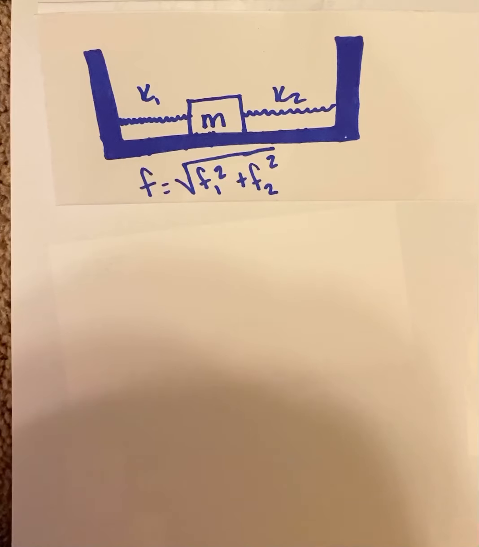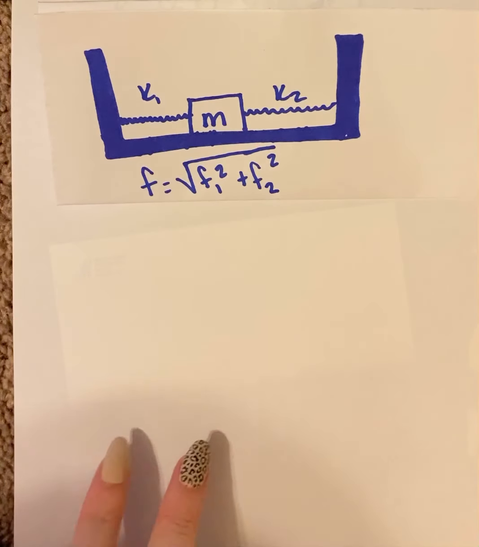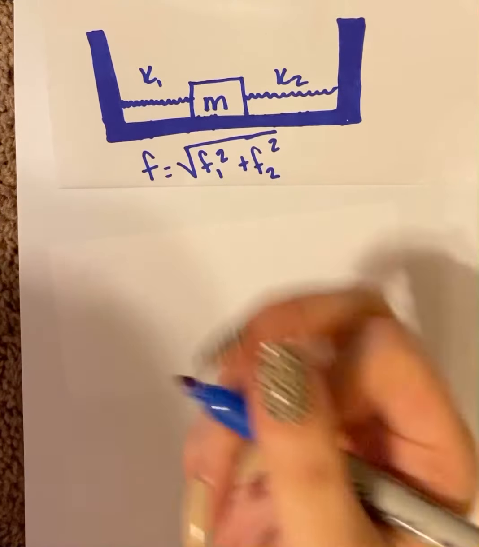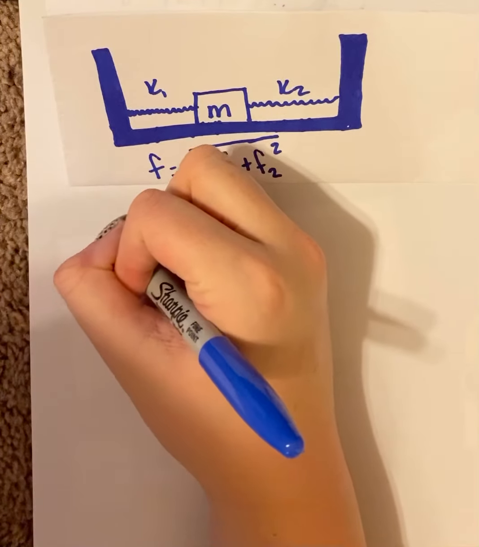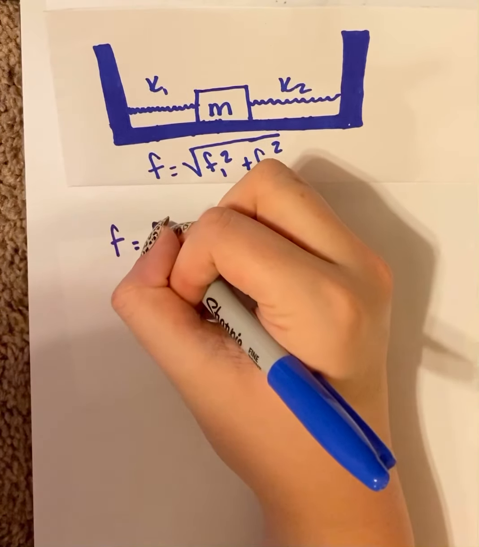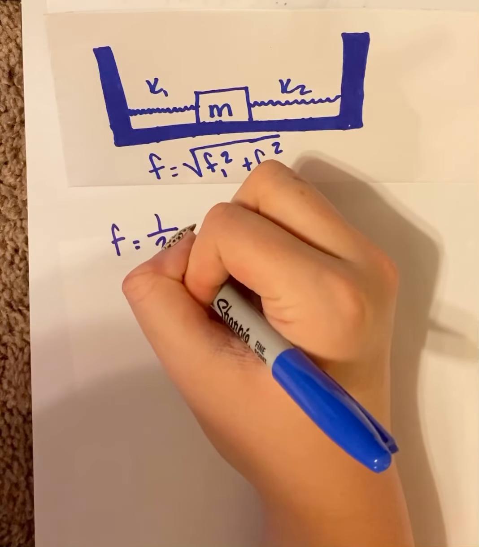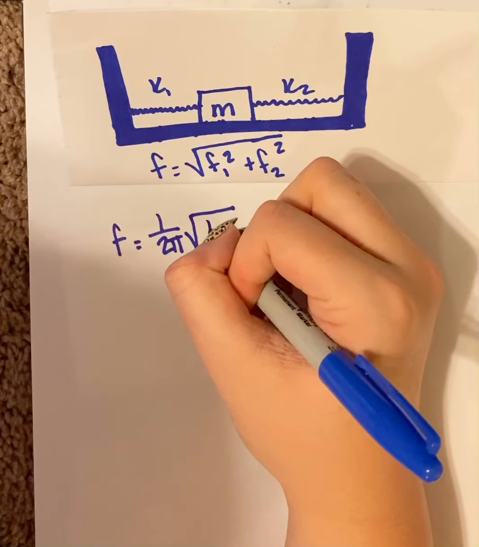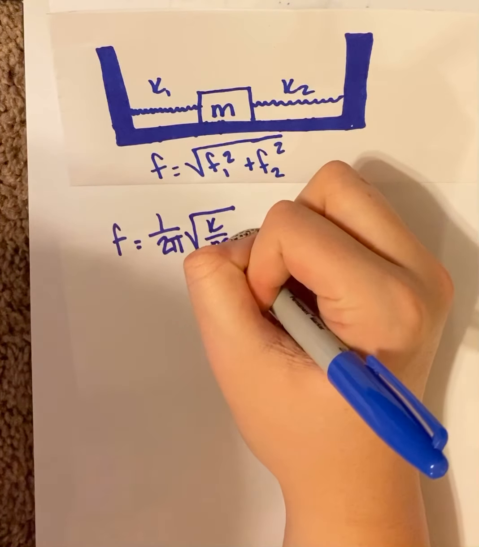So for this question, we're going to want to use the simple harmonic motion frequency equation, which is f is equal to 1 over 2 pi times the square root of k over m.